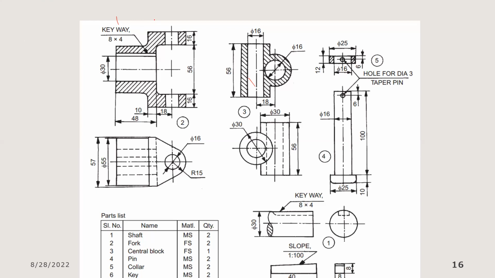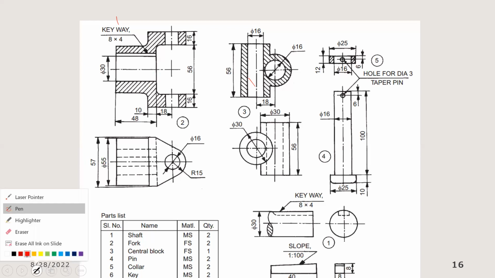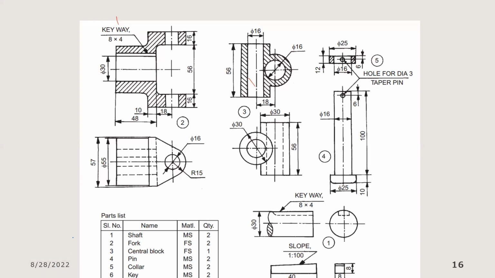But before we leave this screen, one very important thing I want us to look at is that we have the section front view here, and this is the plan. Even though the section lines are not showing, you have to bear in mind that there is a section line running through.